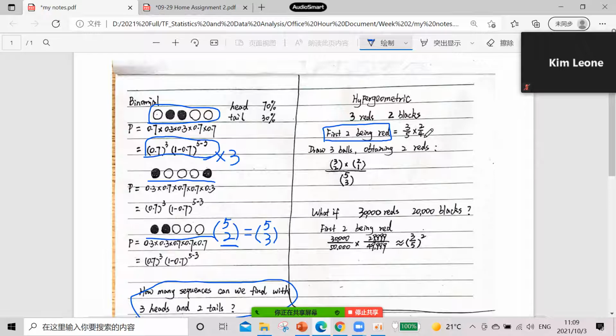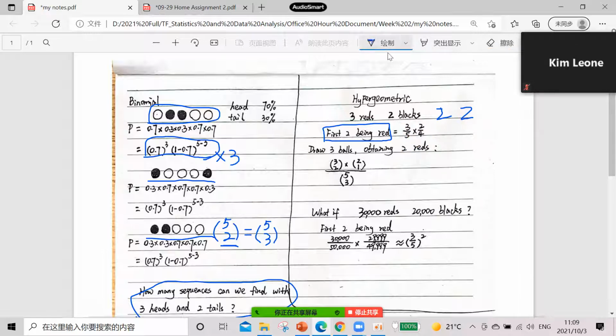So after the first drawing, I have 2 reds and 2 blacks. So what is the probability of drawing another red in the second drawing? It's just 2 over 4. So here is my probability of the first 2 being red.